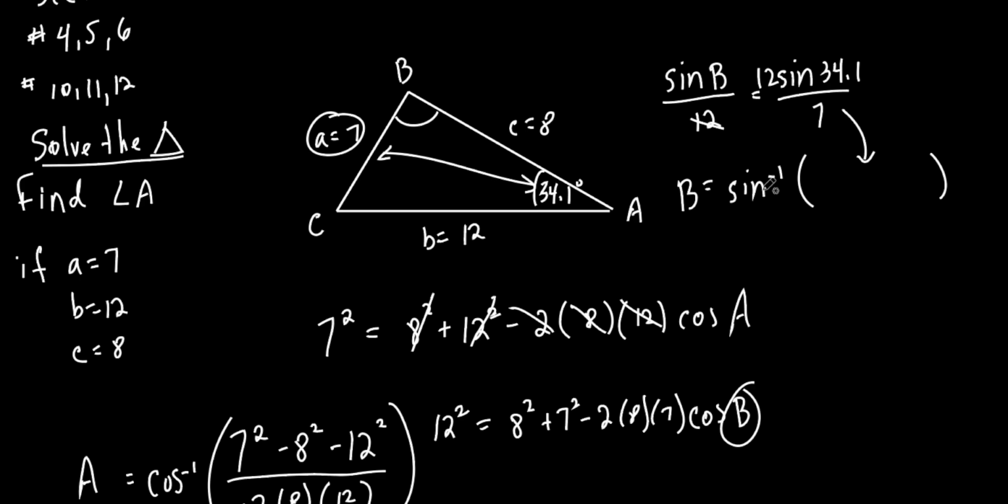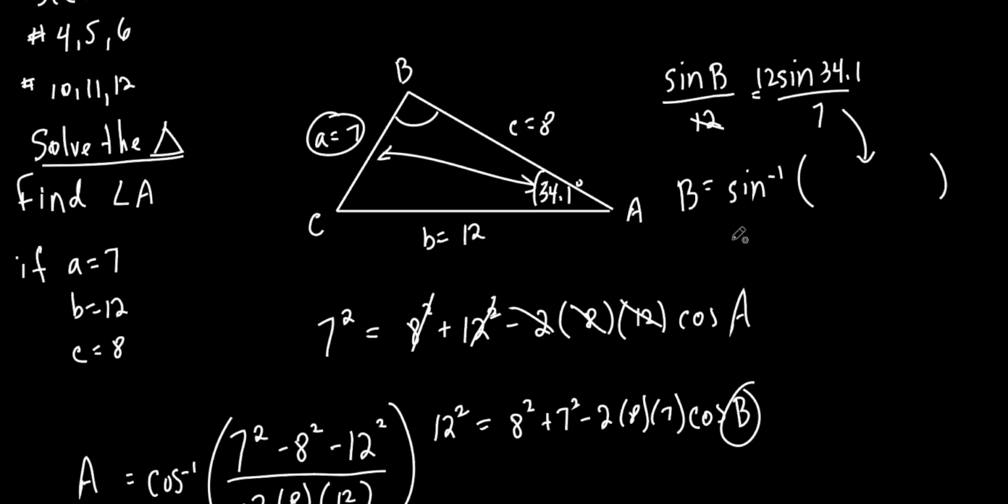Then I divide it by 7, and the very last thing I do is take the inverse sine of it. On my calculator, second function sine, 73.96, so that would be 74.0? Is that what you got? Anybody get 73.96 for B?